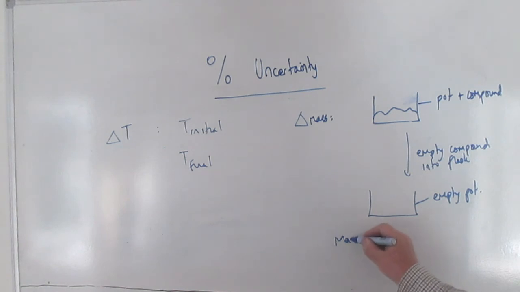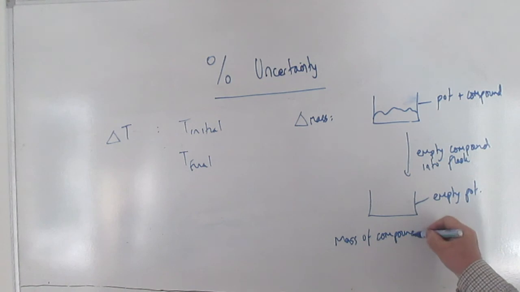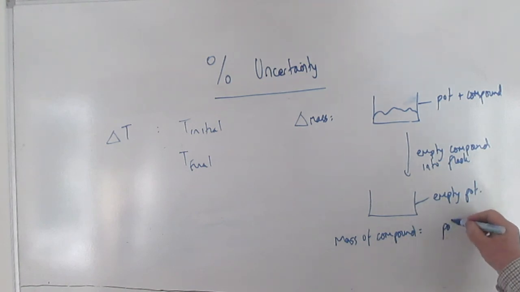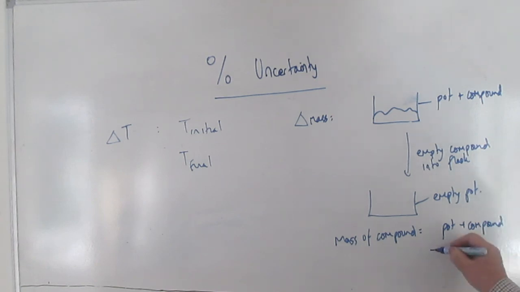So you get mass of the compound is equal to the pot plus compound minus the pot. So you're making two measurements again, and each one of them will have its own maximum error based on the calibration of the balance that you're using, and you have to add up those maximum errors to get the total maximum error in that kind of experiment.